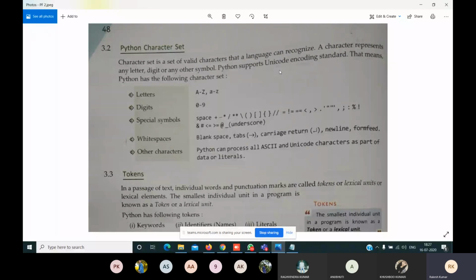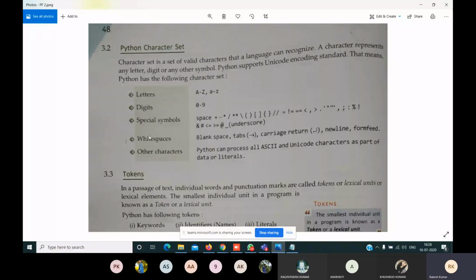So when a language supports the Unicode standard, you are able to write programs and develop software in different languages, because Python supports the Unicode standards. Okay.